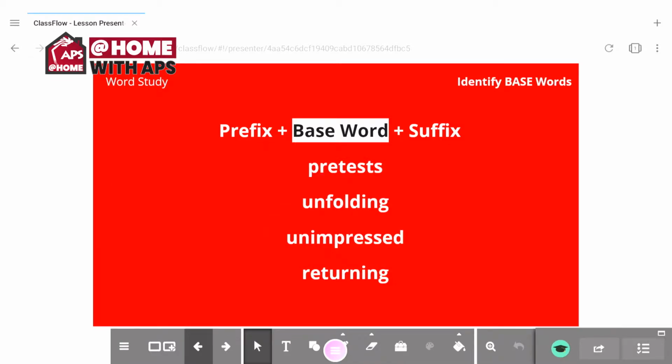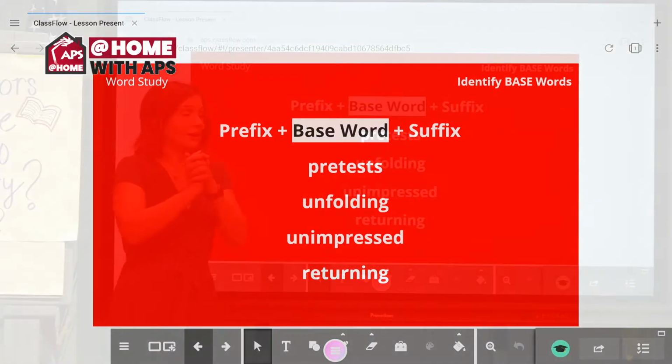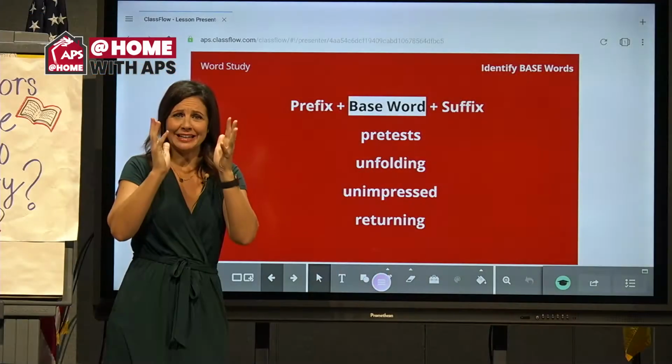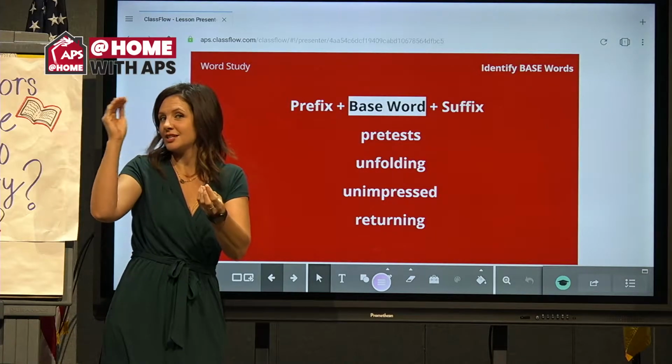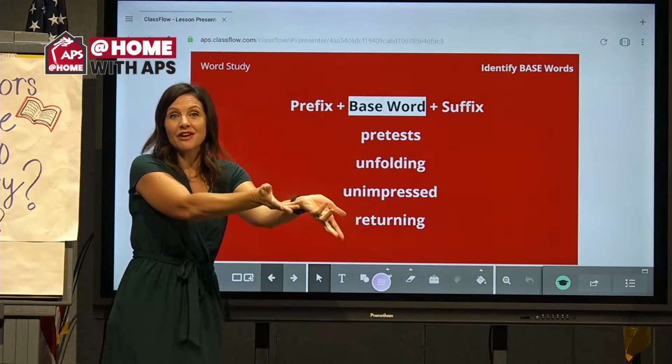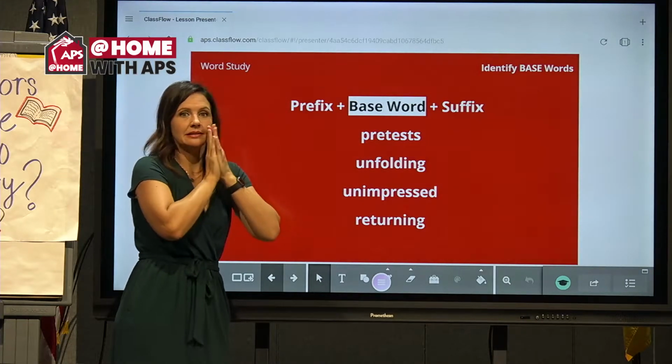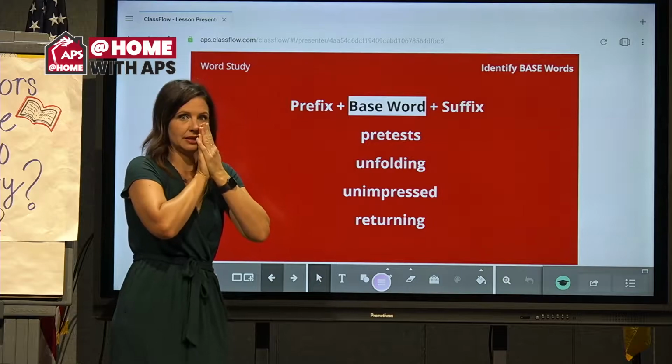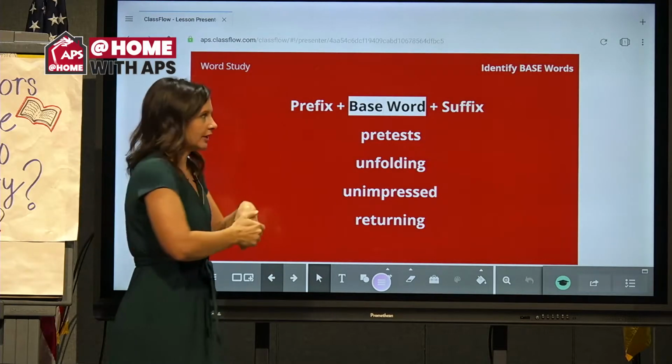But of course, I can't end there because there are words that have a base word right in the middle. They start with a prefix, then the base word, then they end with a suffix. Sometimes they can have two suffixes. Don't get me started.